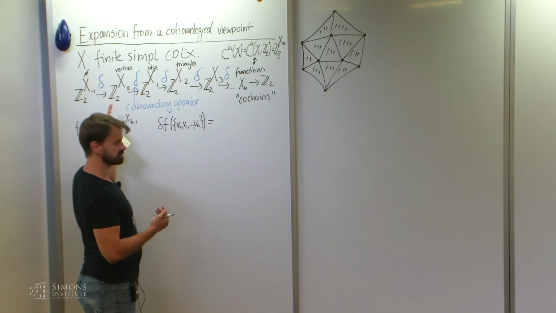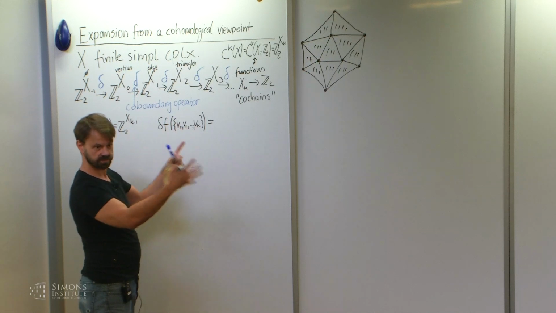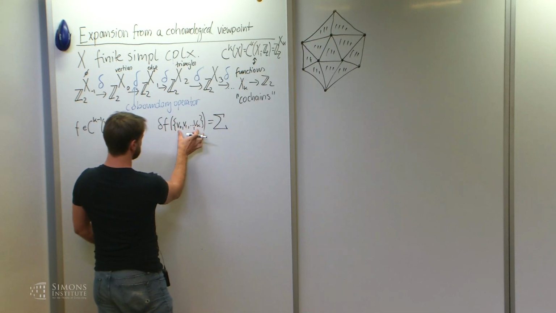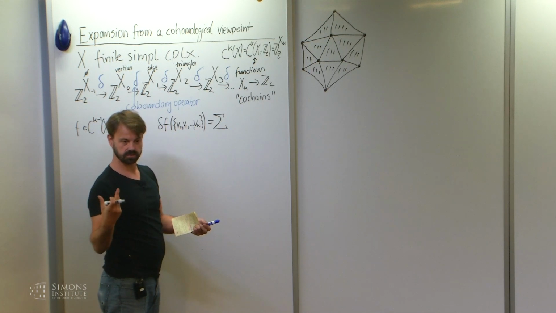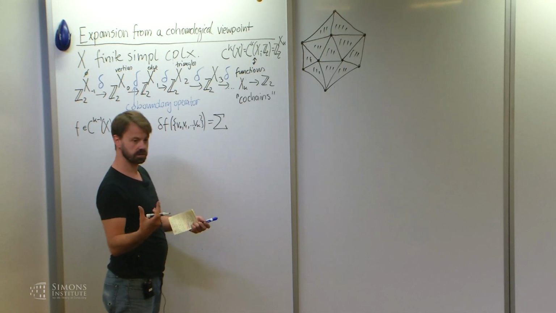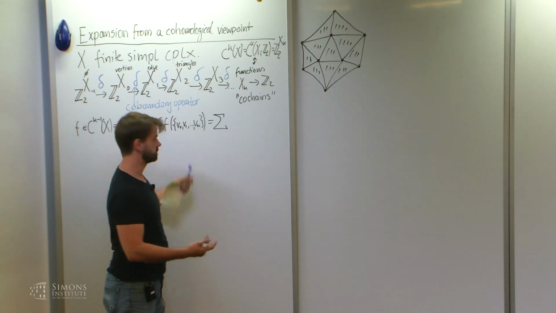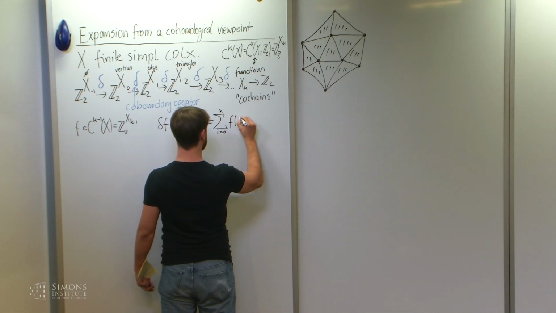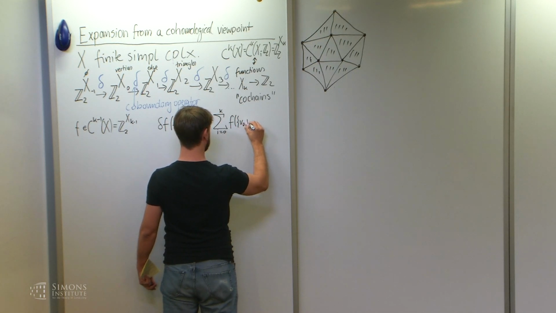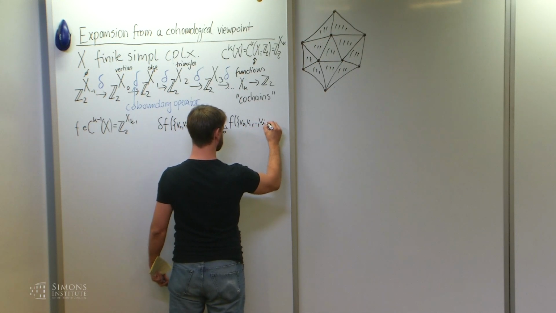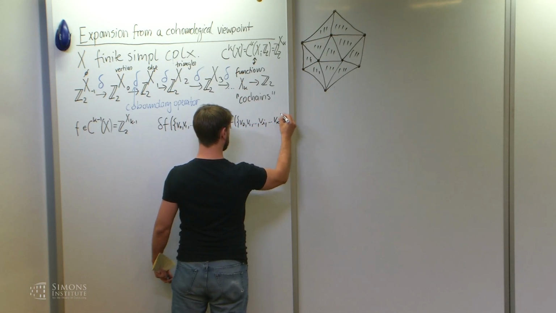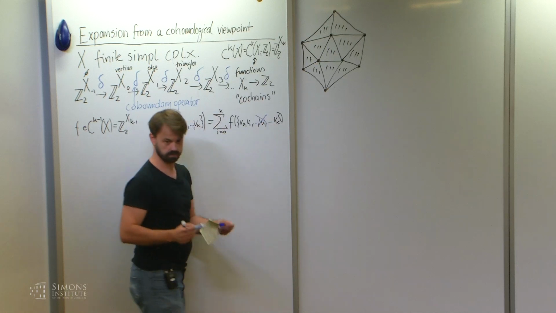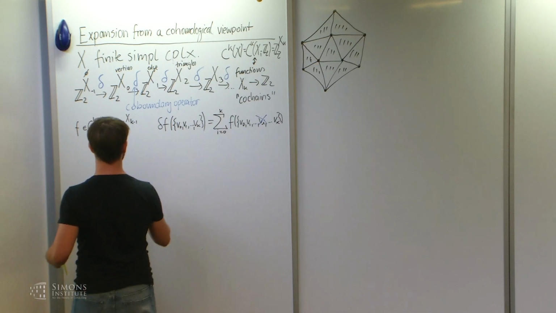It's the linear map that's given by the incidence relation, by the matrix that encodes the bipartite incidence graph. It just means that if I have this k-simplex, I look at all the k-1 simplices that are contained in it, and I sum up the values of my function on these. So I throw one out, topologists would put a hat here, I'll just cross it out. Okay, so that's the definition of a co-boundary operator.